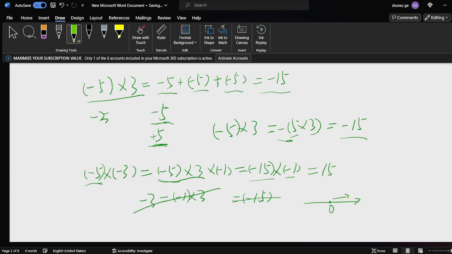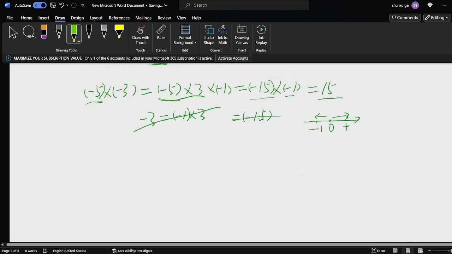So here is one position, and here is another upside position. Here is the positive, here is negative. All the time their symbol is different. That means you pay the credit company 15. So that's the multiplication of a negative number times a negative number.